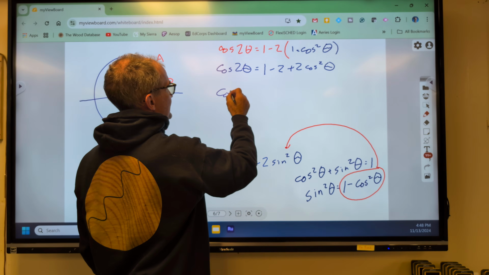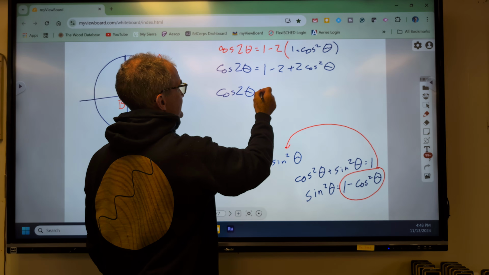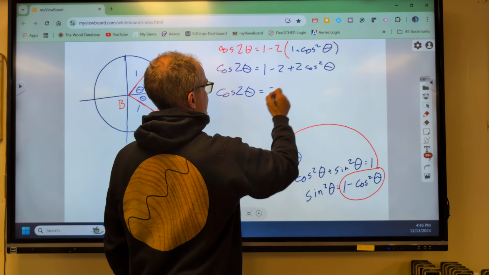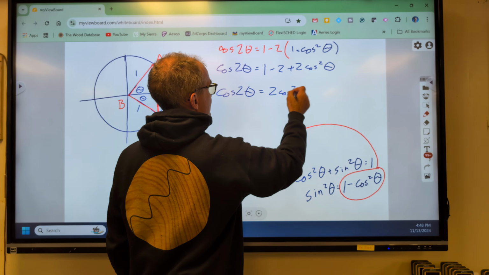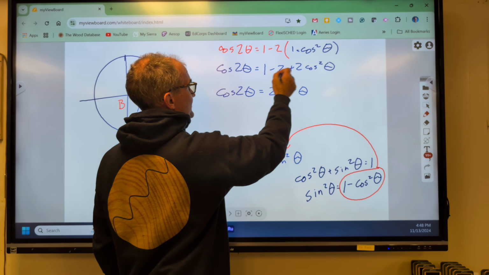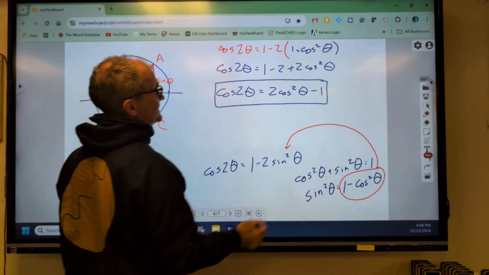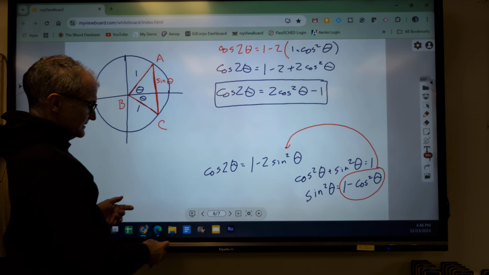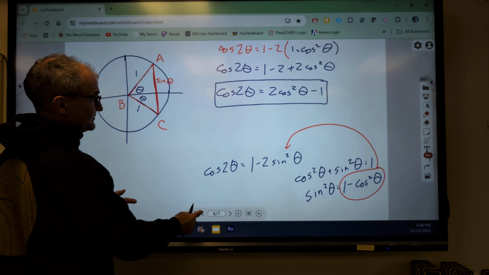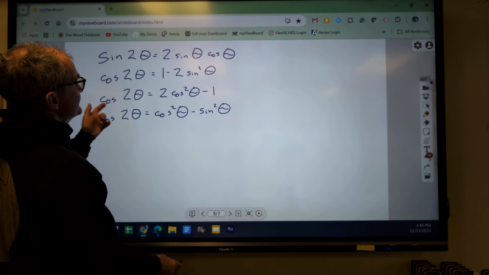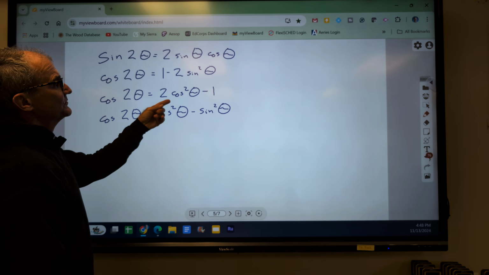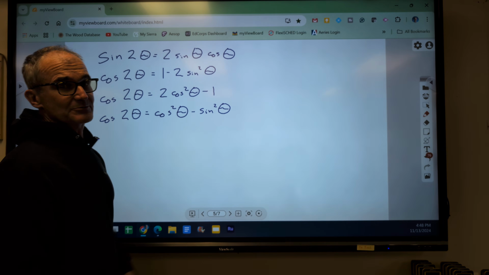So I have cosine of 2 theta is equal to 2 cosine squared of theta, 1 minus 2, minus 1. So there's a second double angle identity. Just go back to our page of them. Cosine of 2 theta is 2 cosine squared of theta minus 1.